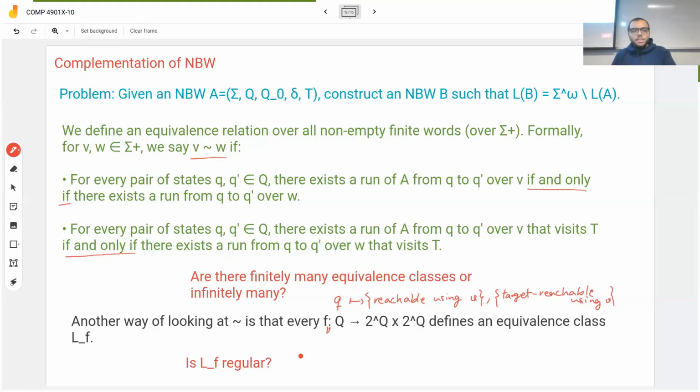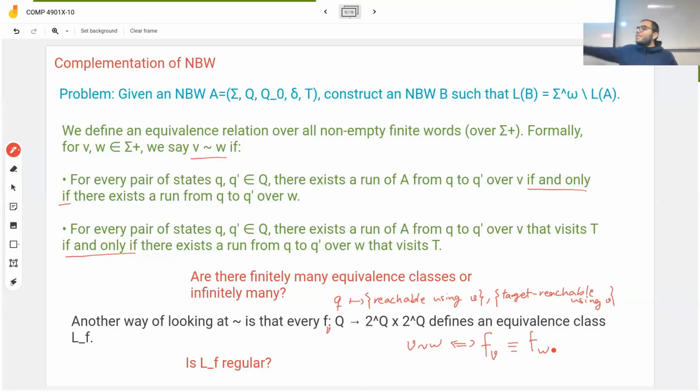And basically, you can just do definition chasing. v is equivalent to w if and only if f of v is equal to f of w. So when I'm asking you how many equivalence classes you have, I'm asking you how many functions like this you can have.